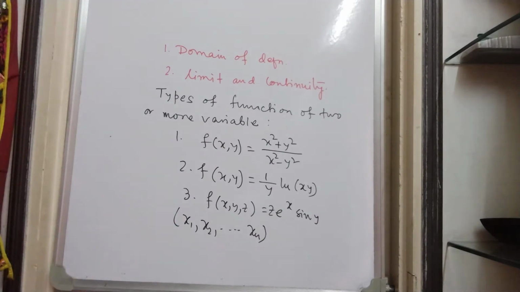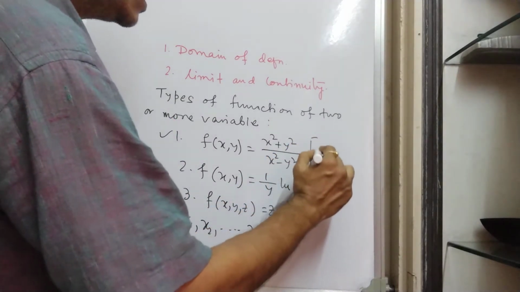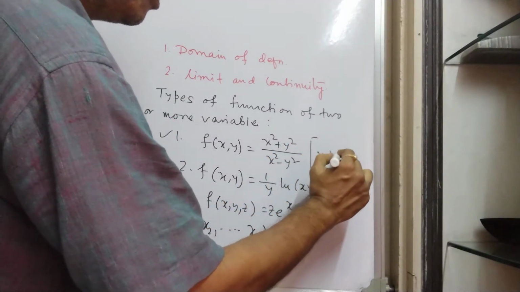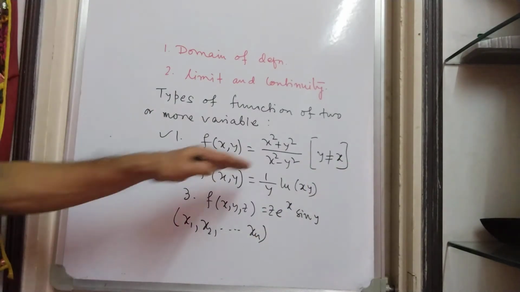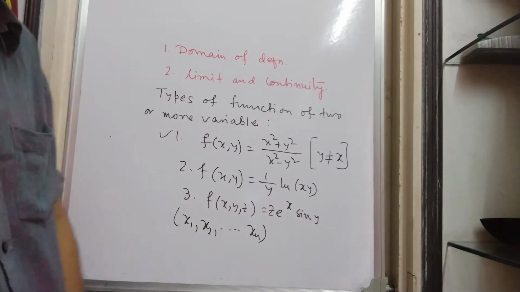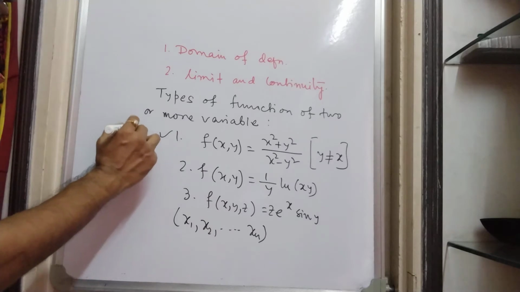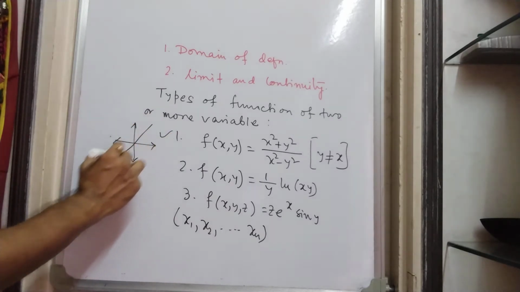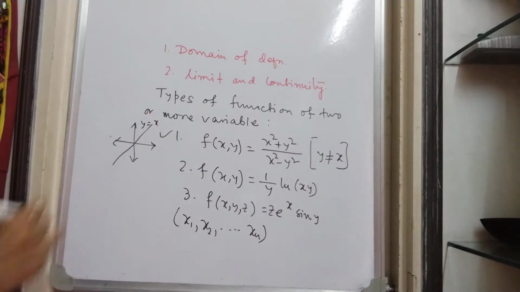Just see that in this case, the domain of definition is the punctured plane y not equal to x, because whenever y is equal to x, we have f(x,y) undefined. So the domain of definition is the punctured two-dimensional plane where we just discard this line y equal to x.